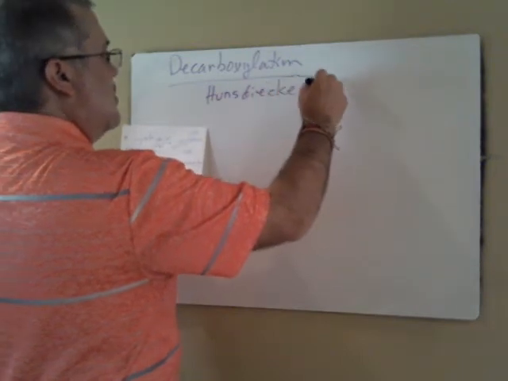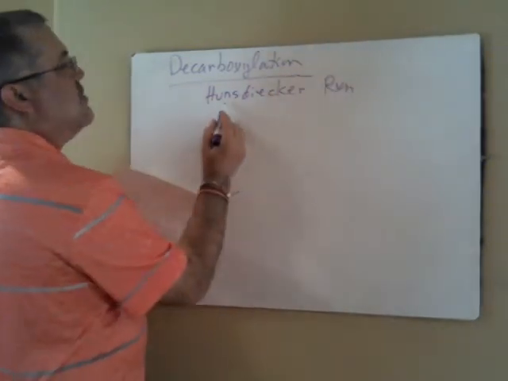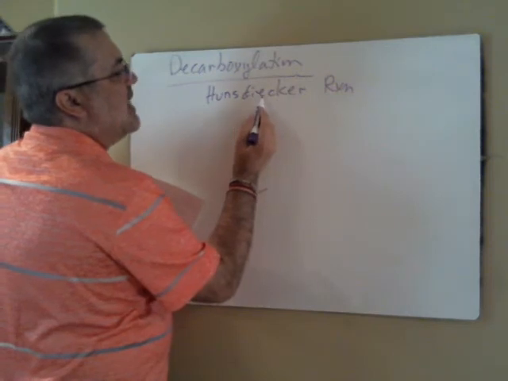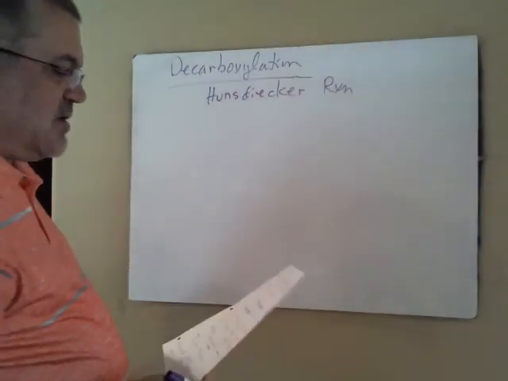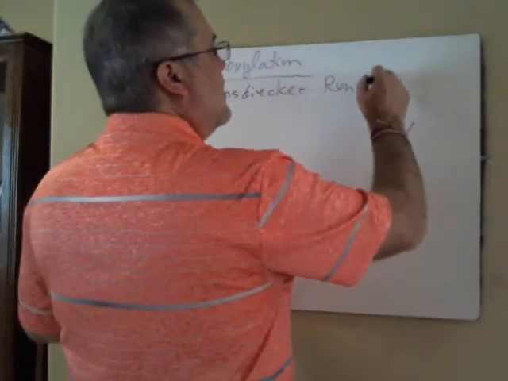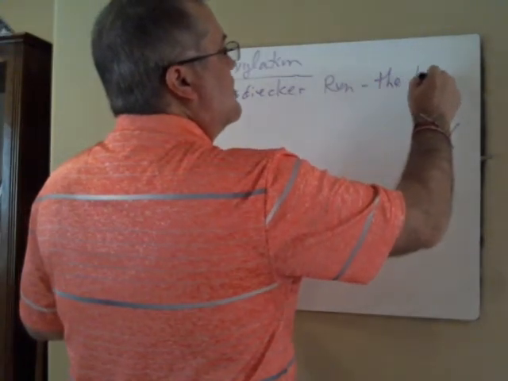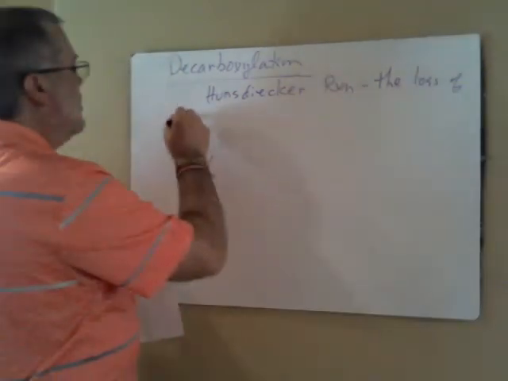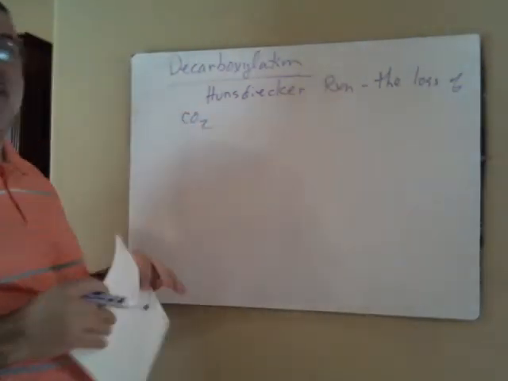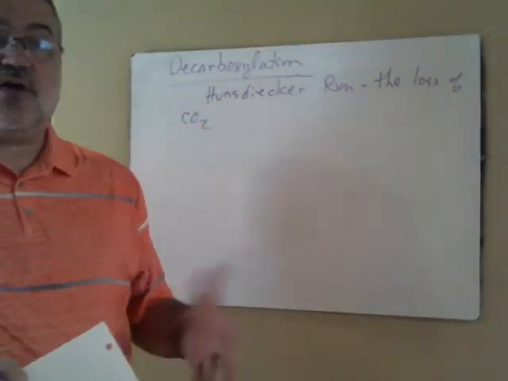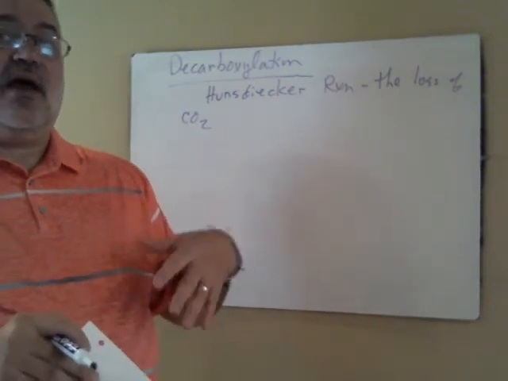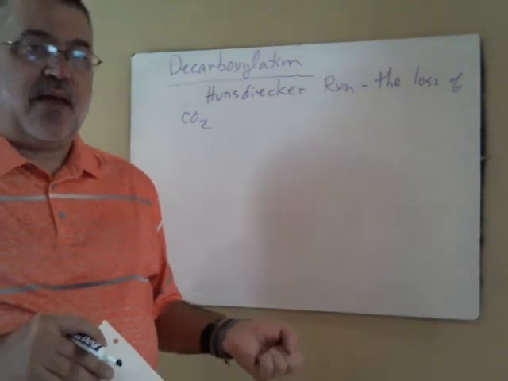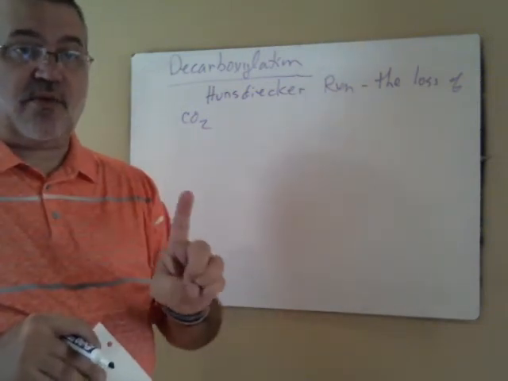Hunsdiecker reaction. And it's basically the loss of CO2 from your molecule, which means that you're losing your carboxylic acid functionality, but you're losing CO2, and CO2 is a gas, and you're losing a carbon from your molecule.